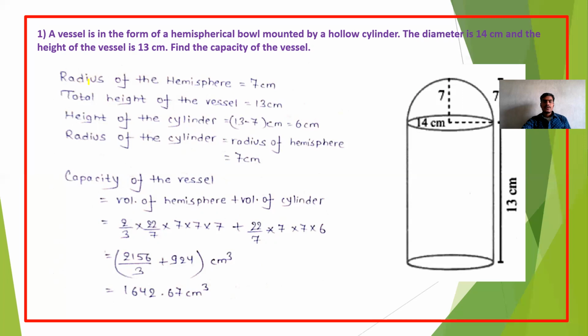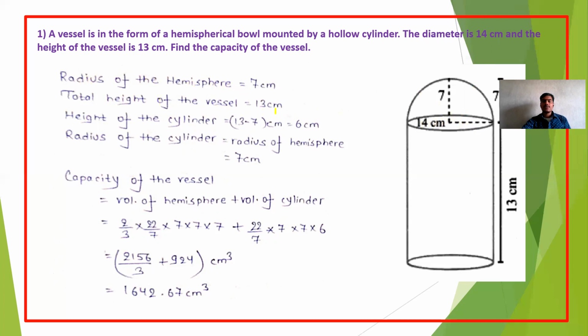So what is the radius of the hemisphere? The radius of the hemisphere is 7 centimeter because the diameter is 14 centimeter and the base is the same. So the radius is 7 centimeter.